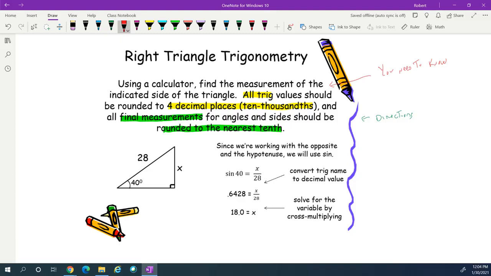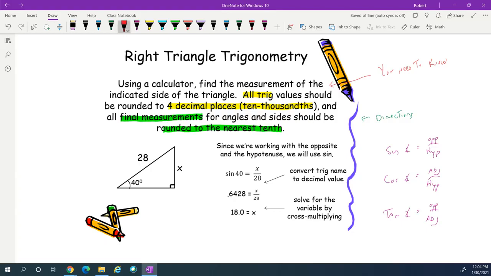Now, what I'm going to do is I'm just going to write the formulas here. So we can see them and we can understand what's happening in this question. You should have your formula sheet available to you. Okay, so let's look at this example and then we'll do some ourselves.